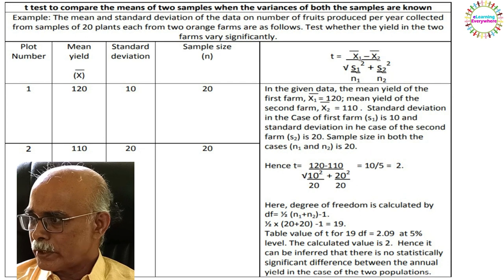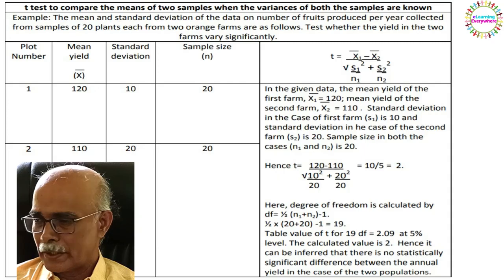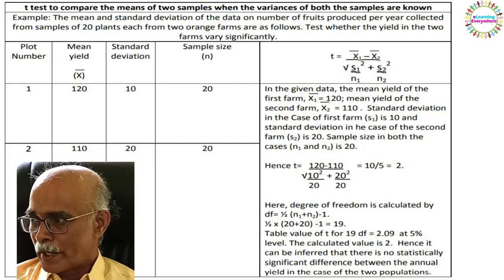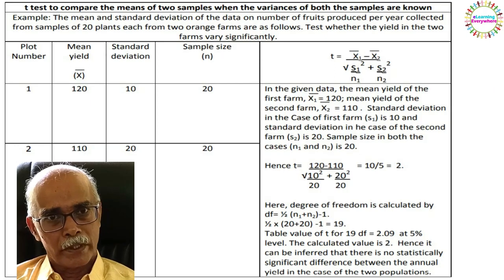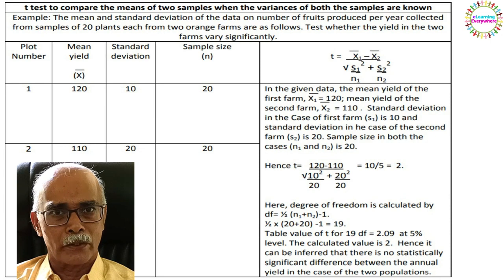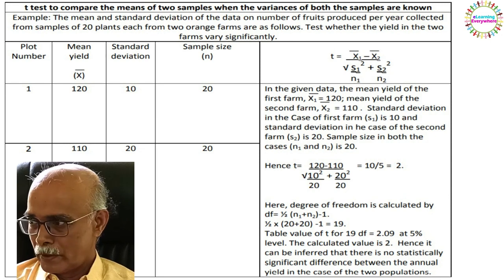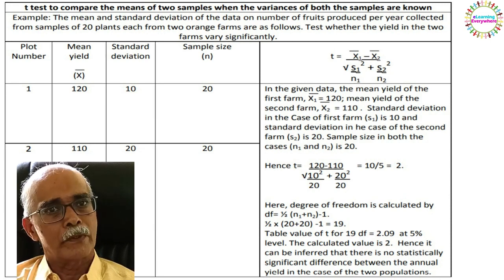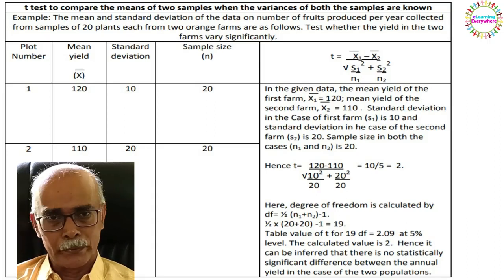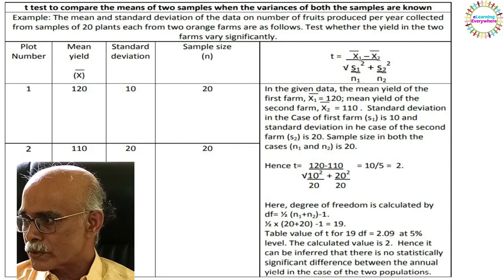And here you see the degree of freedom is considered like this. Degree of freedom is equal to 1 by 2 into (N1 plus N2). It means you have to total N1 and N2 and divide by 2, then minus 1.